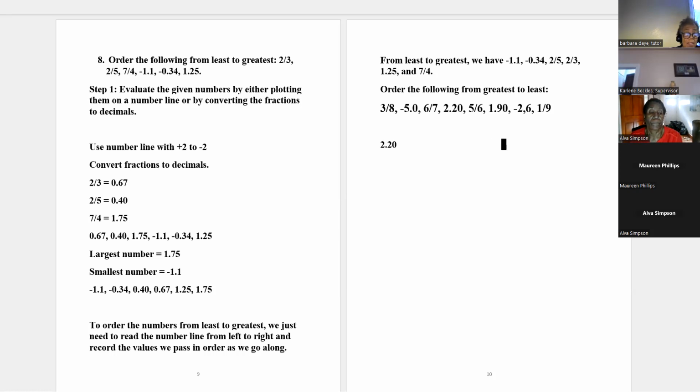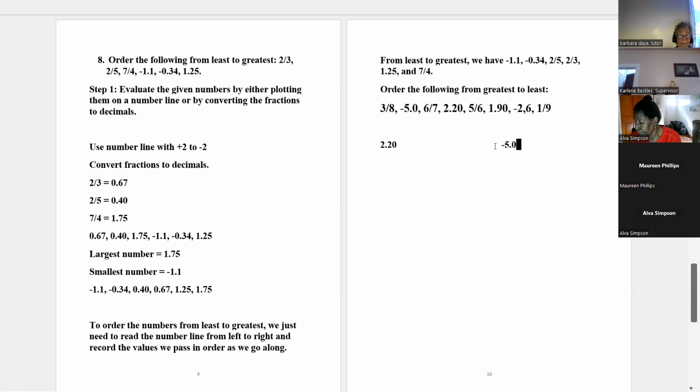No, your smallest number is a negative number. Oh, negative. The bigger the negative number, the smaller it is. It would be the minus 5.0. That's it, minus 5.0. That's your smallest.